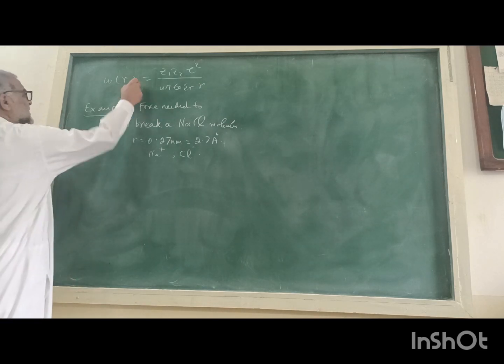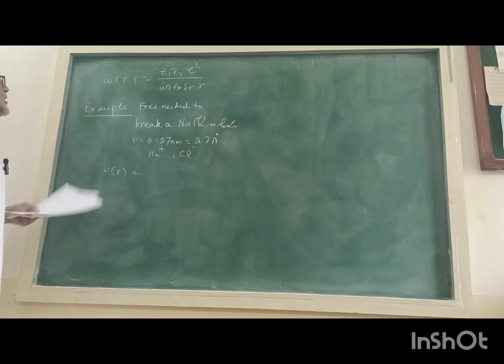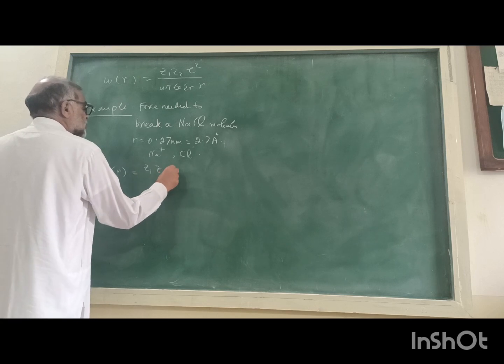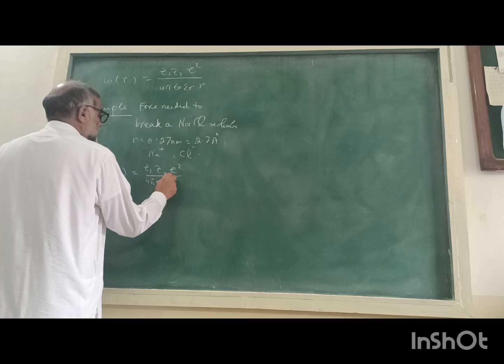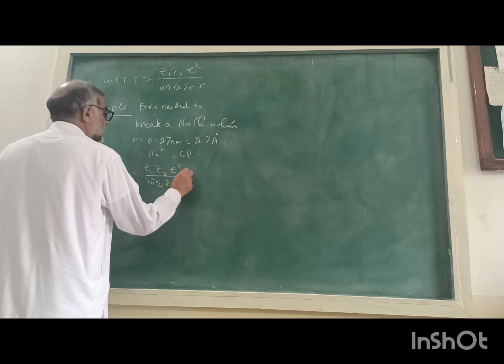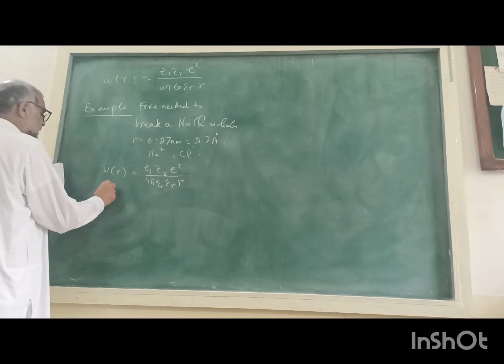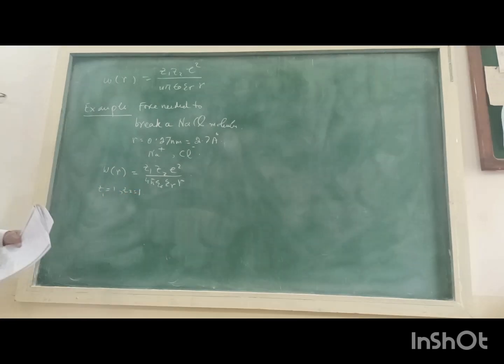So we can use this electrostatic energy equation, Z1 Z2 e squared over 4 pi epsilon R. Here, Z1 should be equal to 1 and Z2 should be equal to 1 because both are singly charged.